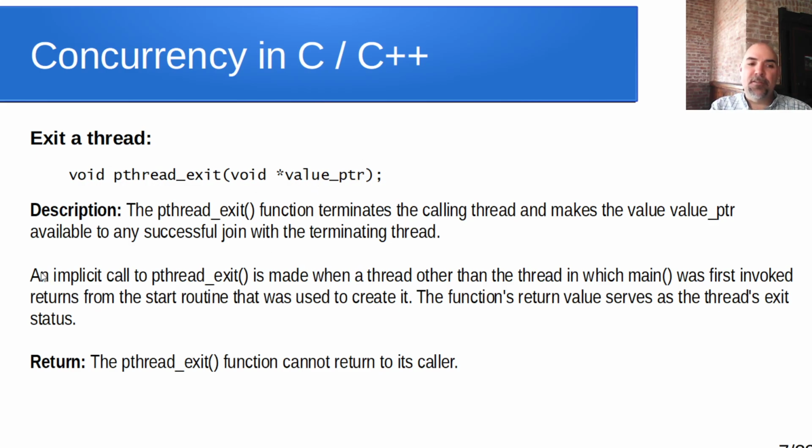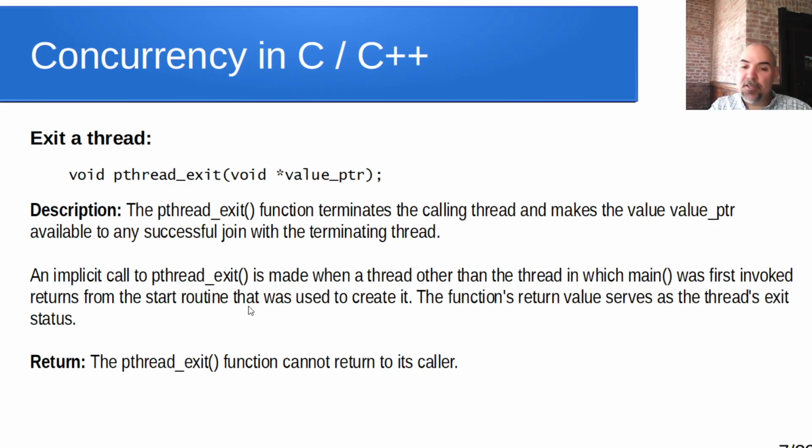Down here it says an implicit call to pthread_exit is made when a thread other than the thread in which main was first invoked returns from the start routine that was used to create it. In other words, if we return from that thread function, it will automatically do a pthread_exit for us.